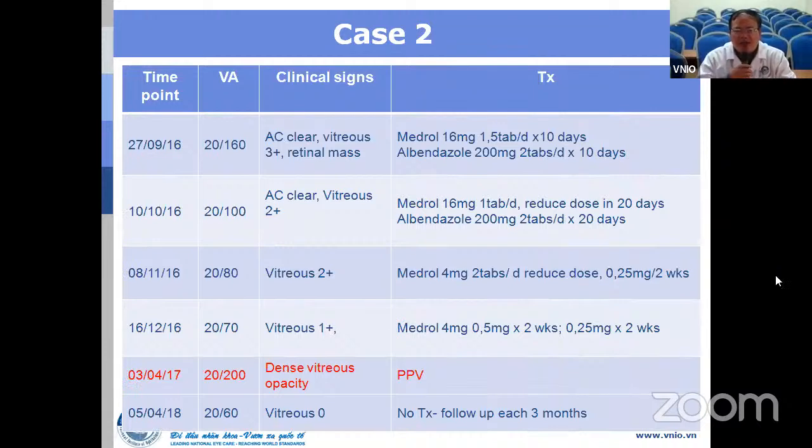Basically, quite complicated because the time point and clinical course were up and down. And the treatment, we changed something, but quite limited because the weapon to deal with this case was quite limited: only PPV and Medrol, some eye drops and so on.